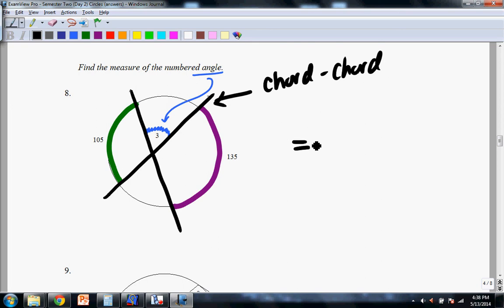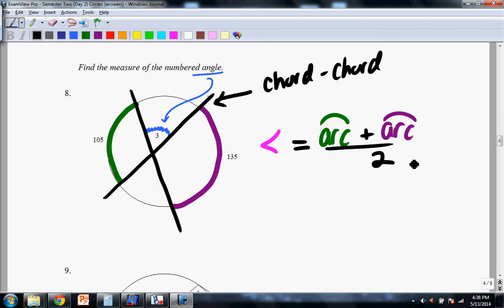Let's write down the equation for a chord. A chord angle looks like this. Angle equals arc plus arc over 2. And be really, really careful here.